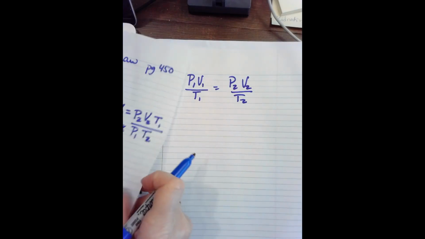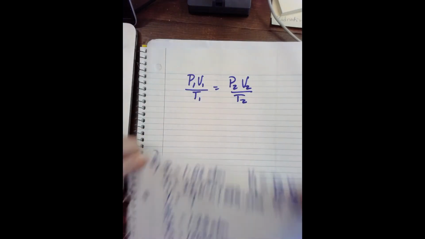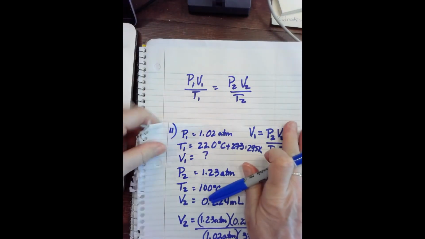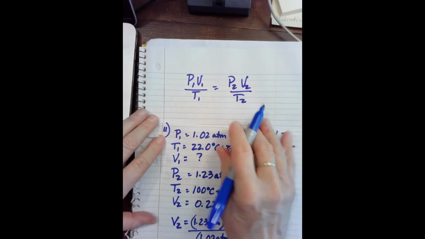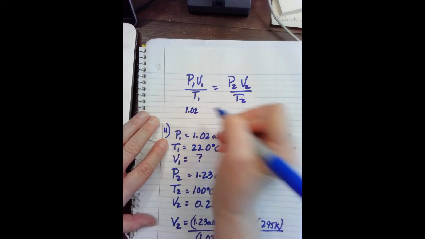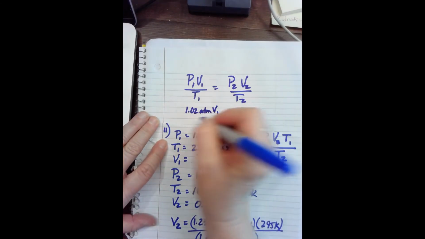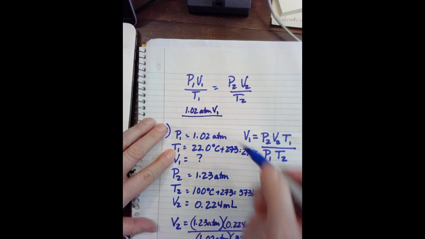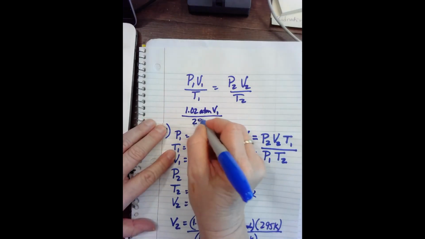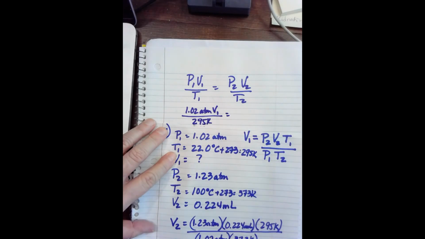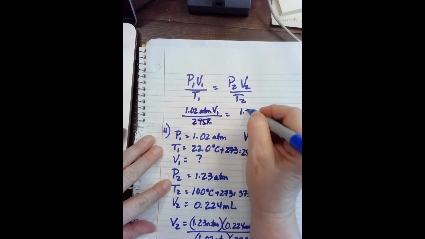So the first, pulling this from before, right? The pressure 1 is 1.02 atm. The first volume, I don't know. And then the beginning temperature is 295 Kelvin equals the pressure changed to 1.23 atm.